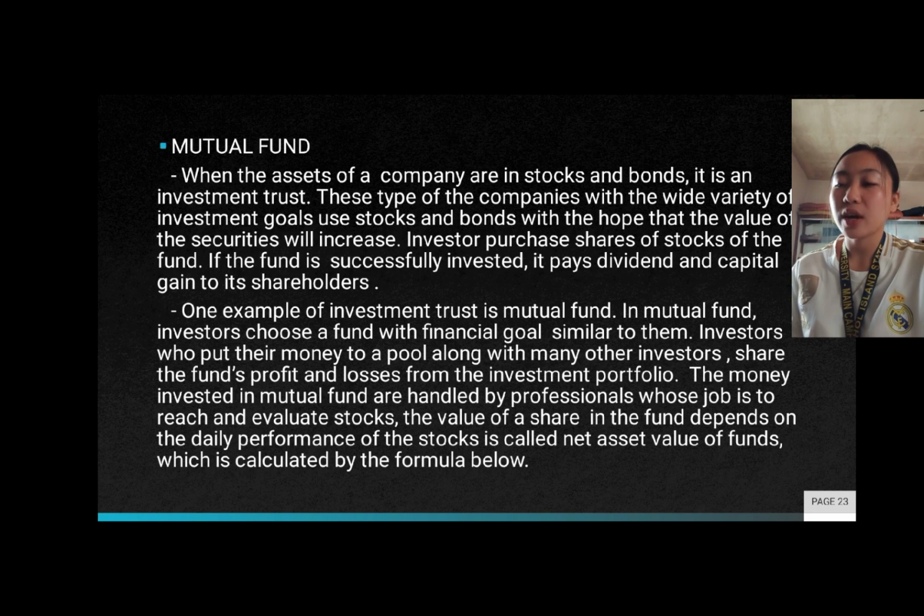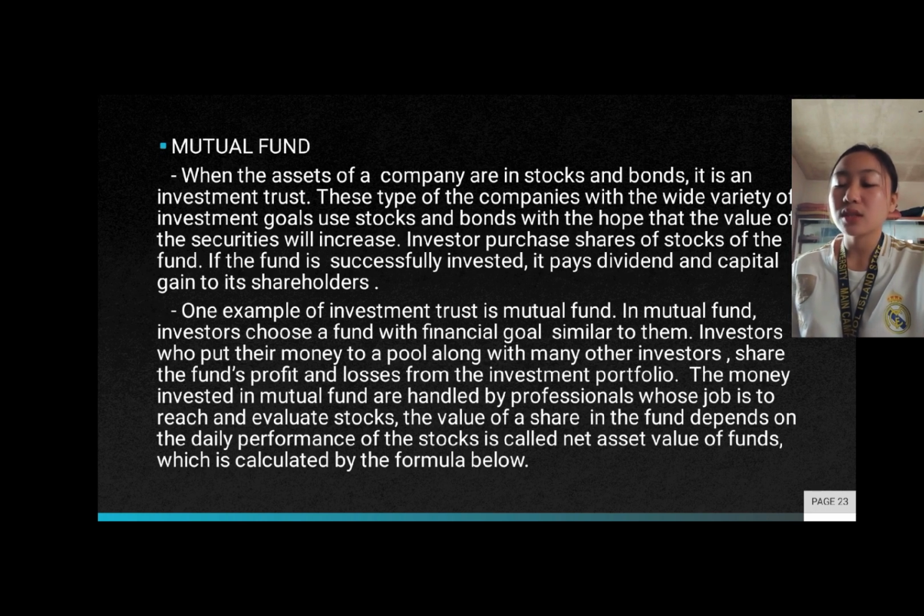In a mutual fund, investors choose a fund with financial goals similar to theirs. Investors who put their money into a pool along with many other investors share the fund's profits and losses from the investment portfolio. The money invested in a mutual fund is handled by professionals whose job is to research and evaluate stocks.